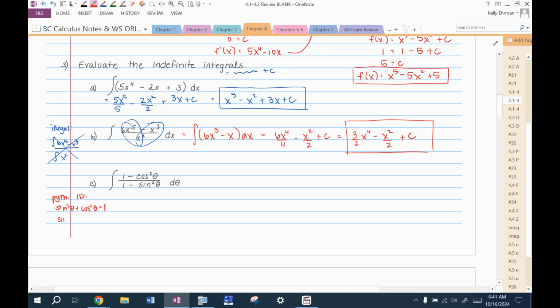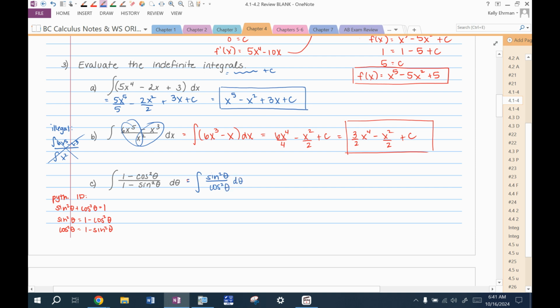If you solve this for either one of the terms, sine squared is equal to 1 minus cosine squared. Cosine squared is equal to 1 minus sine squared. So we can make some substitutions here and say this is the integral of 1 minus cosine squared is sine squared theta. On the bottom, 1 minus sine squared theta is cosine squared theta.